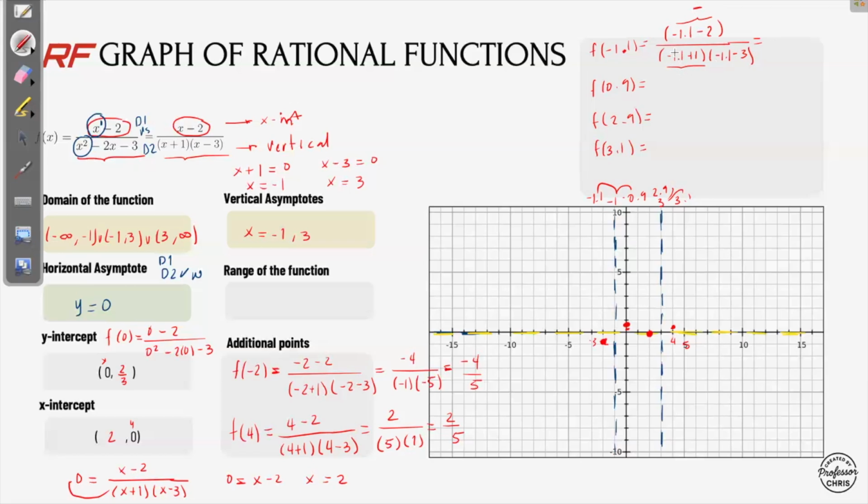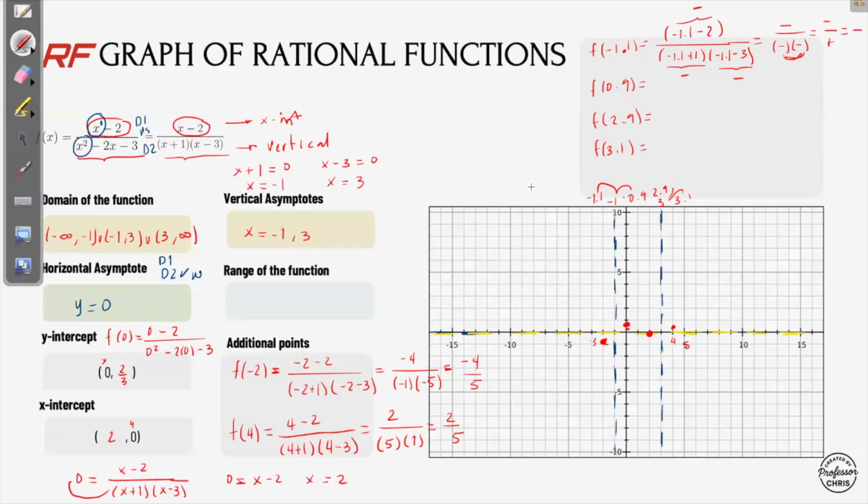This number, since -1.1 plus 1, you have the negative being the winner of this operation. You're going to have a negative sign, and this one will be negative as well. So you're pretty much working with a negative being divided by the multiplication of two negative values. So negative divided by this multiplication will end up as positive. And if you divide a negative number by a positive number, the answer will be negative.